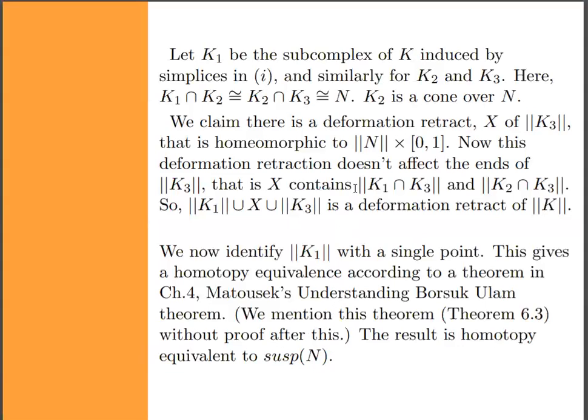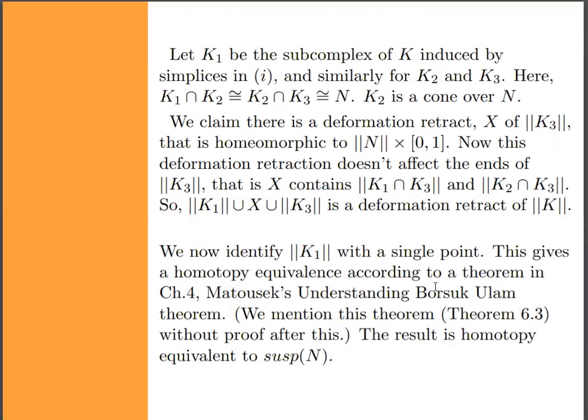I'm not mentioning formally what the deformation retract is, but it's something similar to what we did before. On every simplex we define it by the straight line homotopy, and we patch them together to get a whole, complete homotopy.